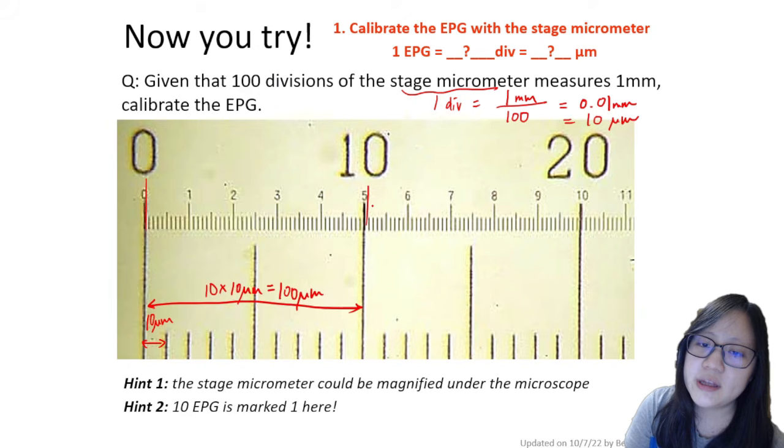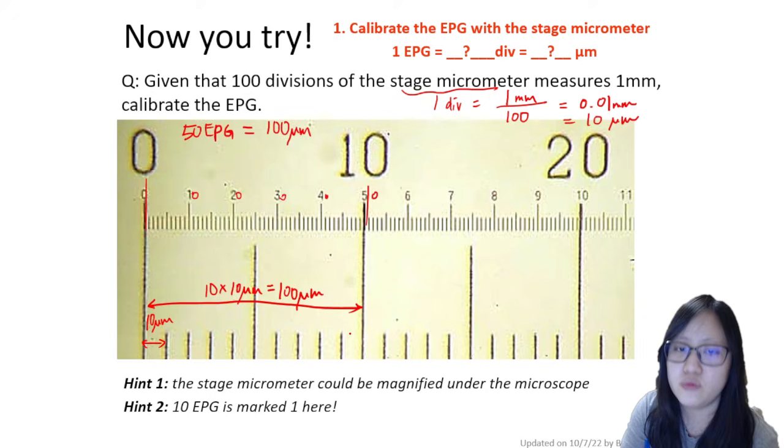You can see that in 100 micrometers, there are 10, 20, 40, 50 EPGs. So 50 EPG, 50 eyepiece reticule divisions, equal to 100 micrometers, as this tiny ruler tells us.